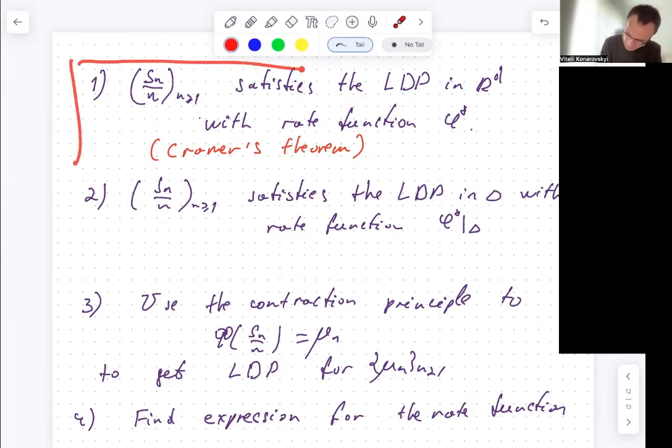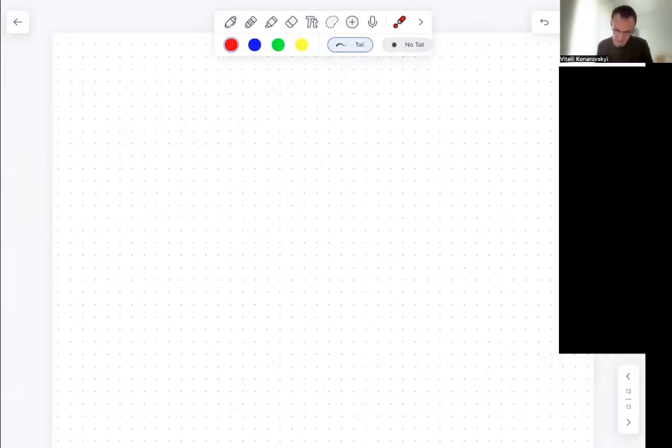And actually here we have nothing to discuss because we just need to recall the Cramer theorem.